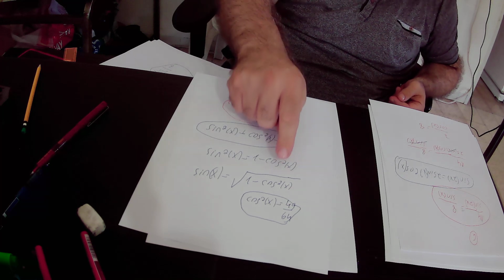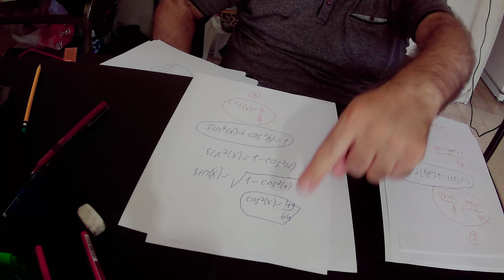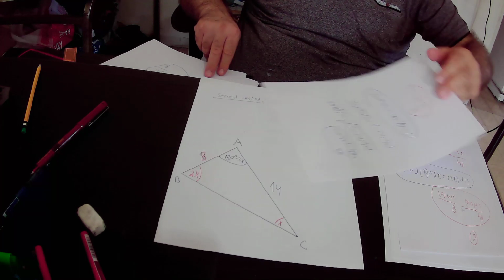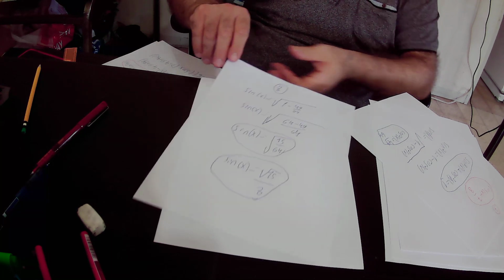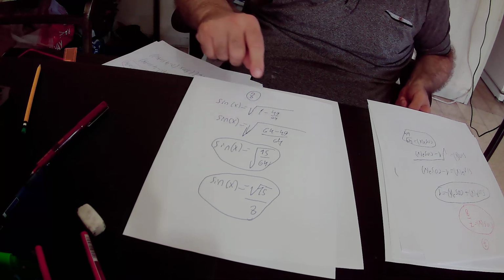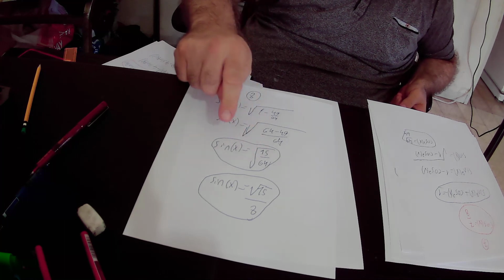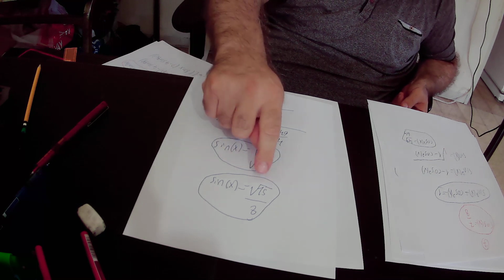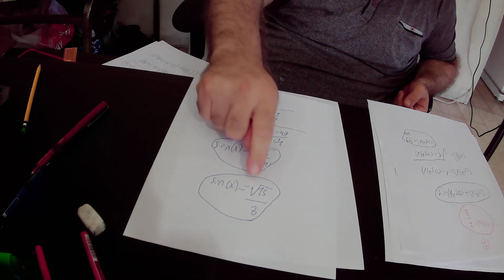So we can substitute cosine square x by 49 over 64, and we found out that sine square x equals 15 over 64, so sine x equals root 15 over 8. Okay, sine x equals root 15 over 8.